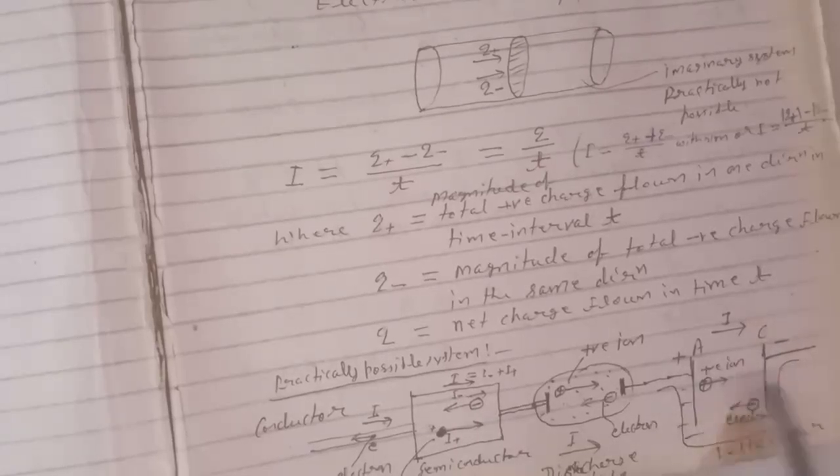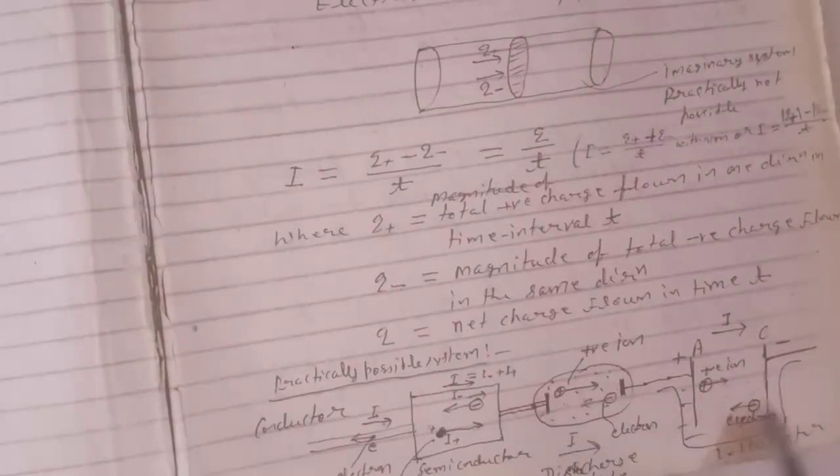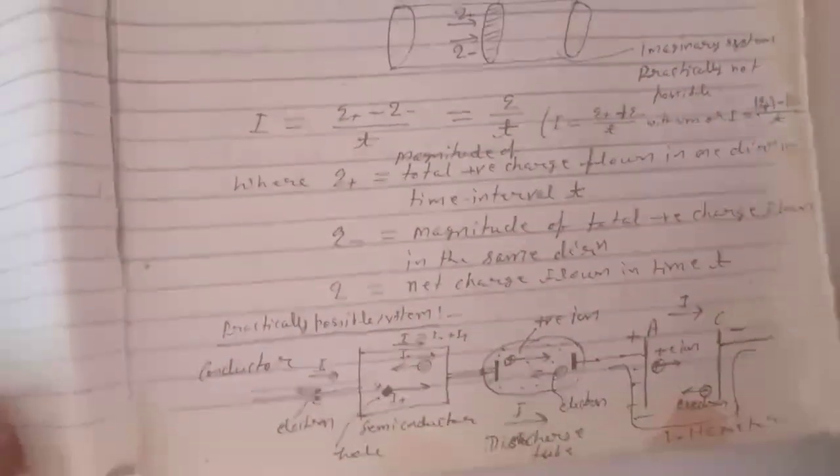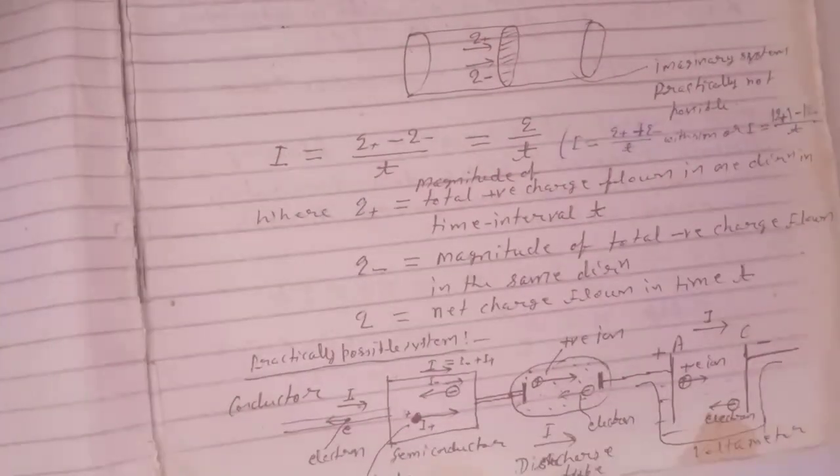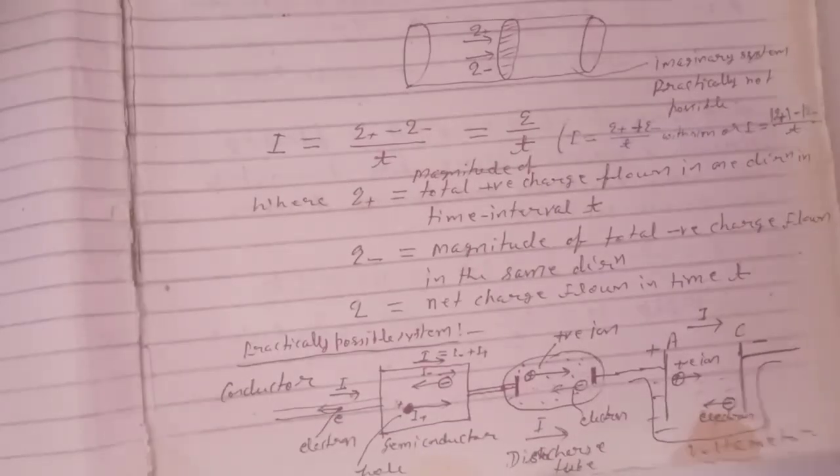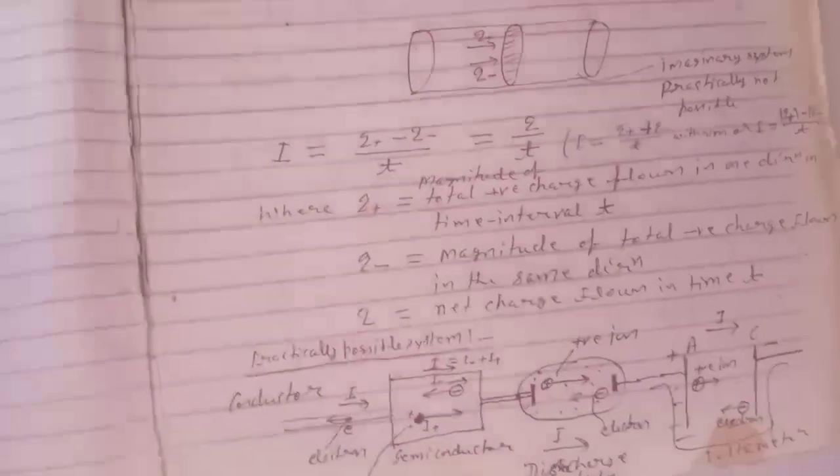Positive ions flow in this direction, and electrons flow in this direction. Again, current will be constituted by two currents, one from the flow of positive ions, and another due to the flow of electrons. Because electrons flow in this direction, current due to electrons will be in the opposite direction. So these are some examples of flow of current by positive and negative charges.